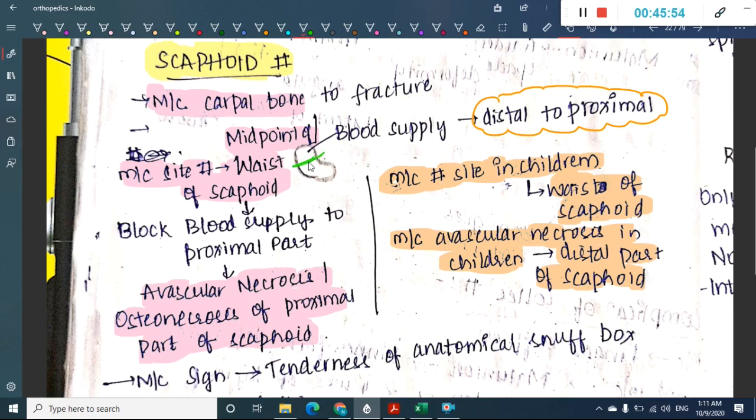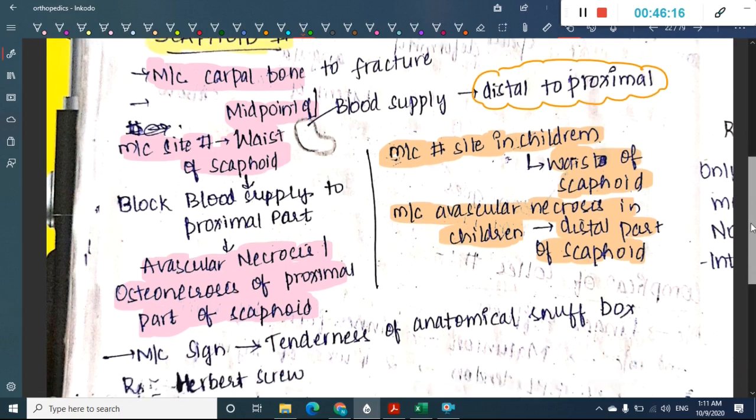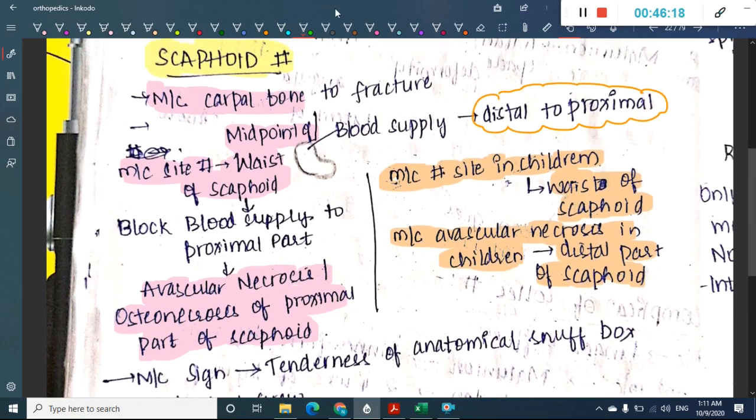Once there is a scaphoid waist fracture, the blood cannot flow from distal to proximal, and as a result the proximal part of the scaphoid undergoes avascular necrosis or osteonecrosis. But in children, the most common avascular necrosis is in the distal part of the scaphoid.